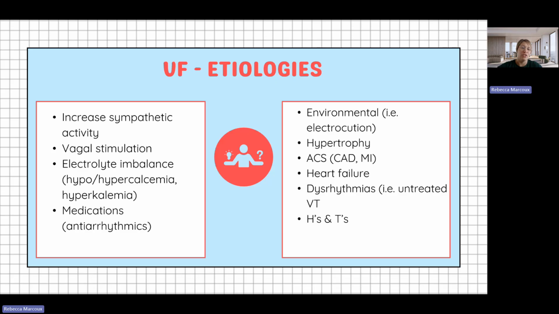This seems very counterintuitive, but some antiarrhythmics can cause ventricular fibrillation. Some environmental things like electrocution can cause VF. Of course, our heart pathologies and H's and T's. So our H's and T's are our reversible causes of cardiac arrest, which we're going to talk about later in the presentation.